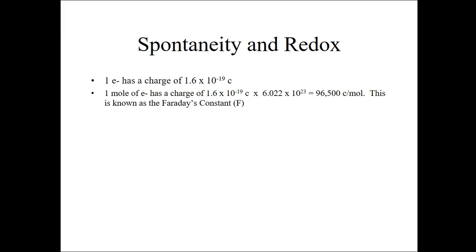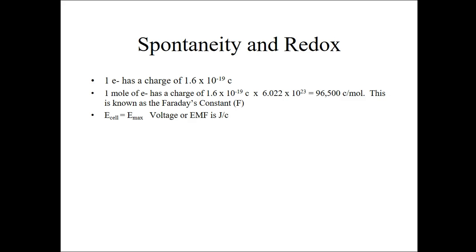Now, what are we going to do with this value of F? Well, E of the cell, right? The voltage or EMF of the cell is the number of joules of work per charge that the cell can do. That voltage or EMF is the maximum voltage that the cell can acquire.